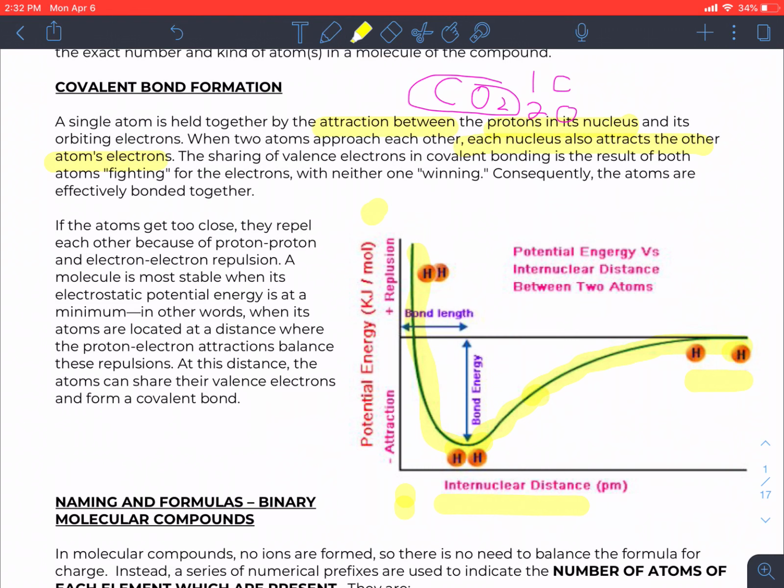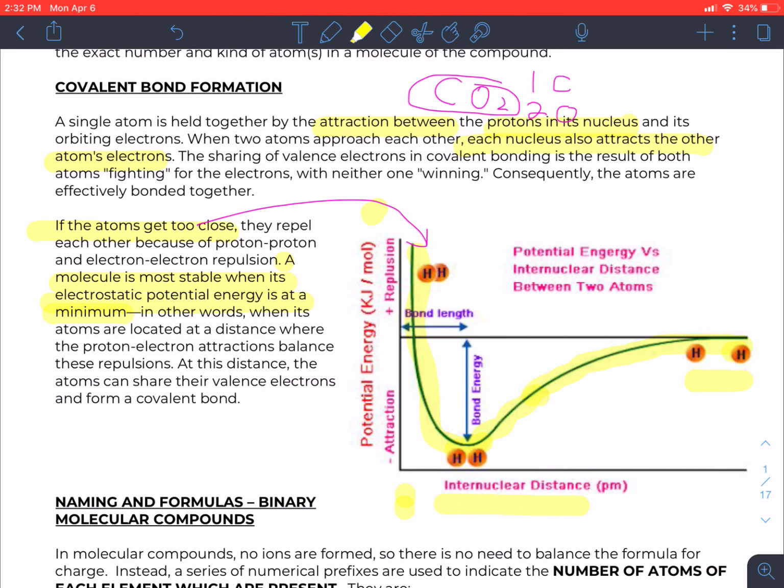If the atoms get too close, they repel each other because of proton-proton and electron-electron repulsion. A molecule is most stable when its electrostatic potential energy is at a minimum. In other words, when its atoms are located at a distance where the proton-electron attraction balances these repulsions. At this distance, the atoms can share their valence electrons and form a covalent bond.